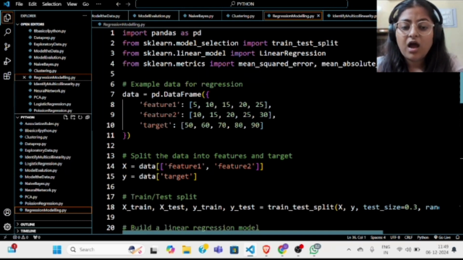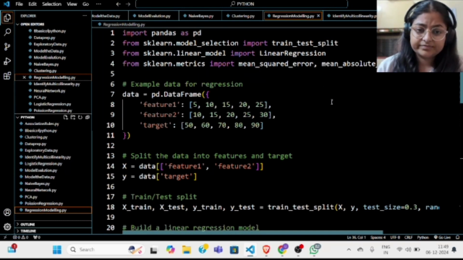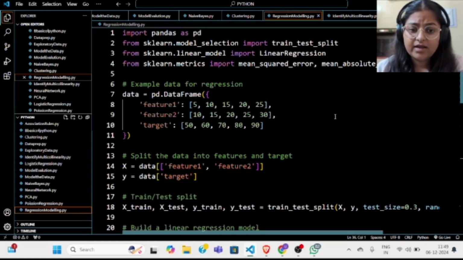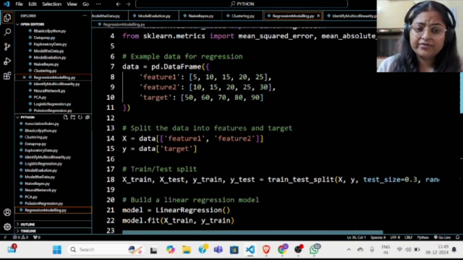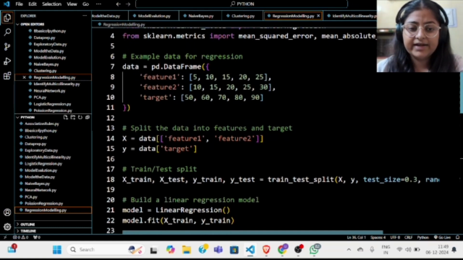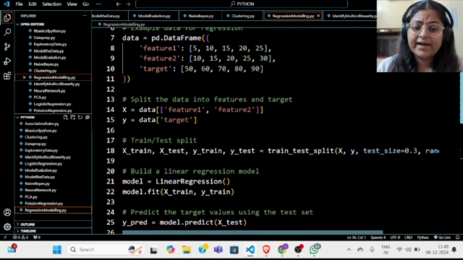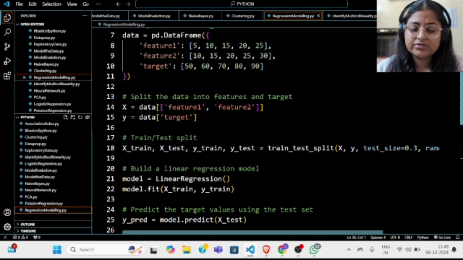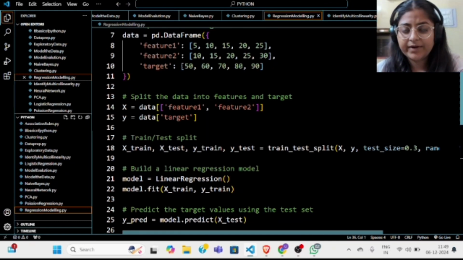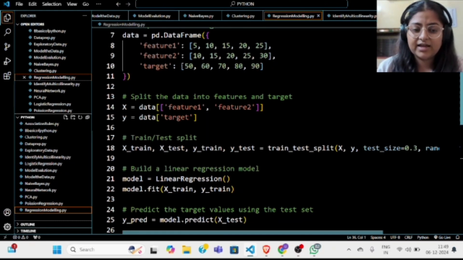And then I have set an example for data regression. As usual, I have assigned the data. Split the data into features and target: X equals data and y equals data, passing the parameters like features and target.